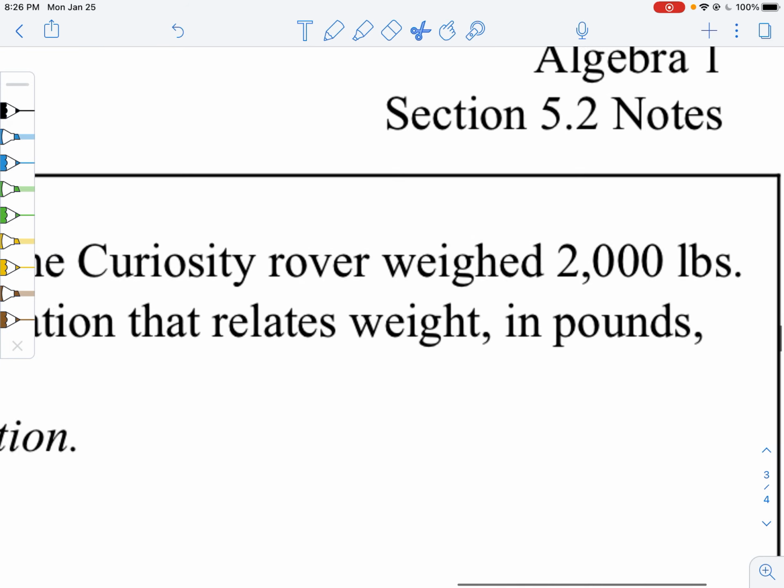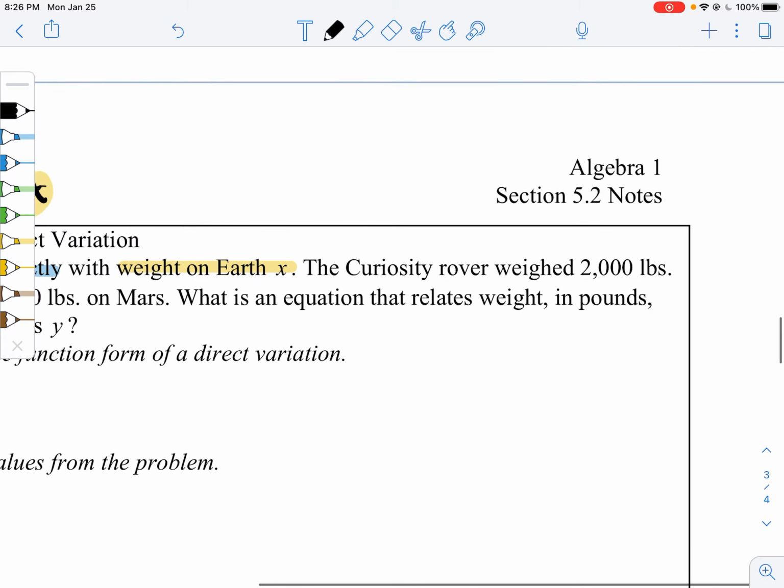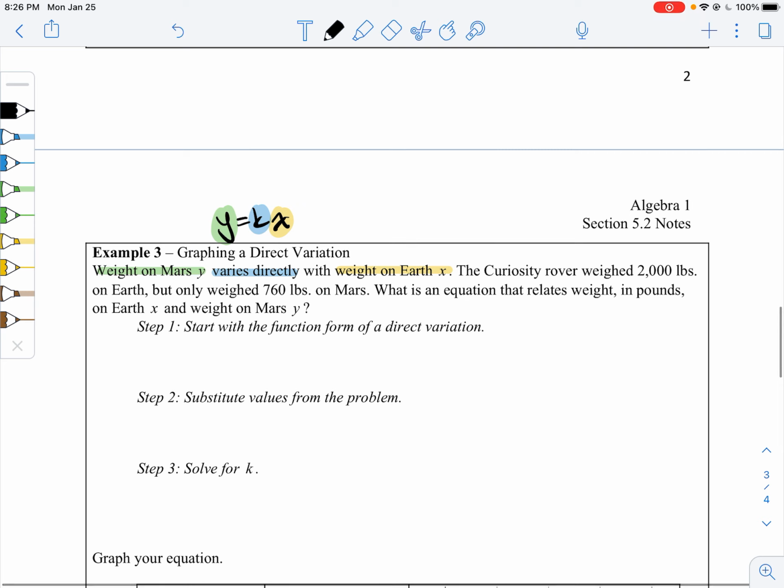The Curiosity rover weighed 2,000 pounds on Earth, but only weighed 760 pounds on Mars. What's an equation that relates the weight in pounds on Earth, x, and weight on Mars, I'm assuming still in pounds, y.